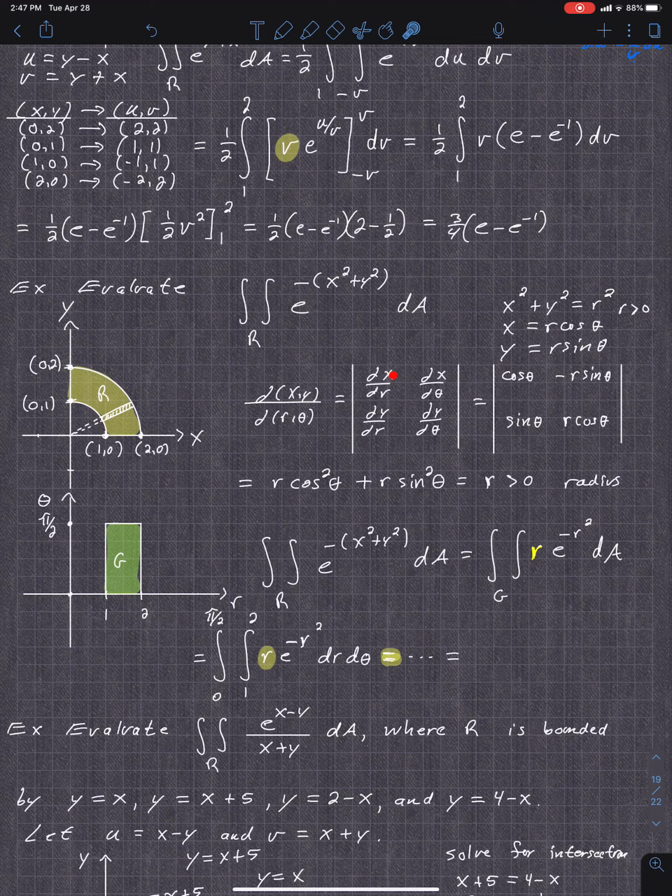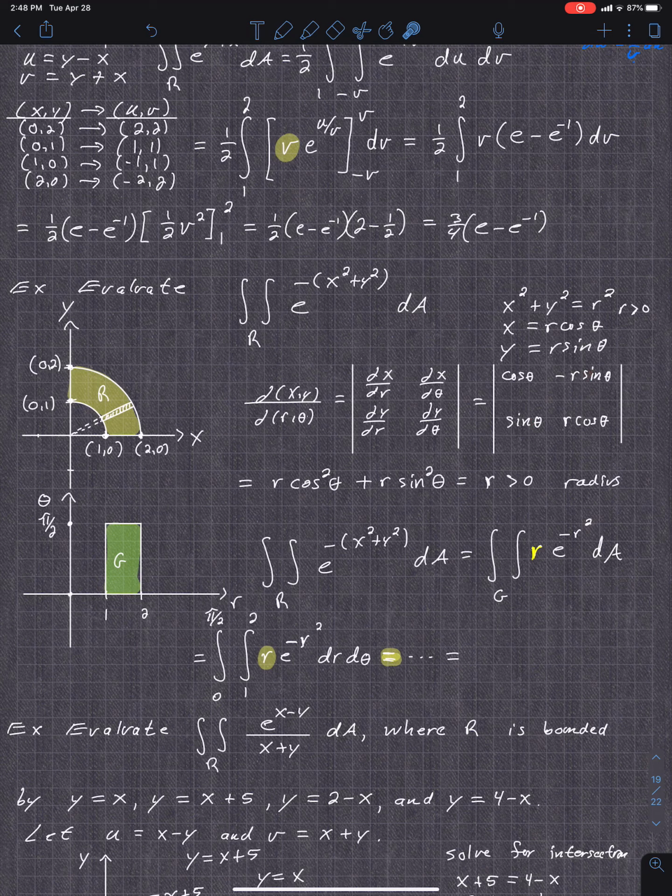You still have to calculate your partials, but you don't have to solve, so you're not picking u to be anything. This shows again why you get that extra little factor of r in there. So this is your sector, and you already know the transformation. Then you do your partials, cosine and so on.